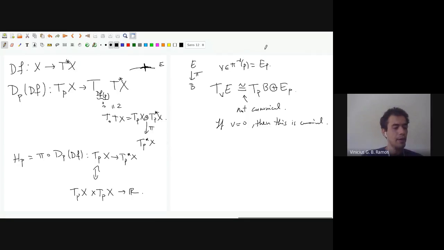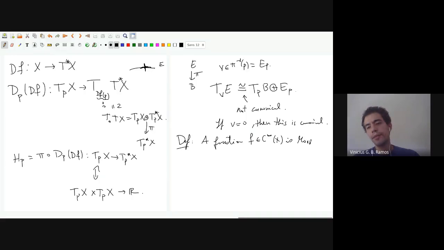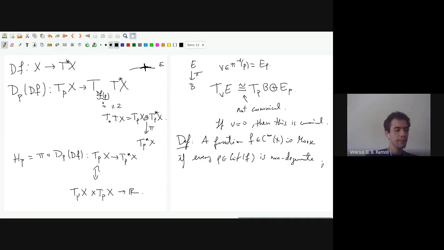Okay, so a function is Morse if every critical point is non-degenerate. Those are the kinds of functions we're going to work with.